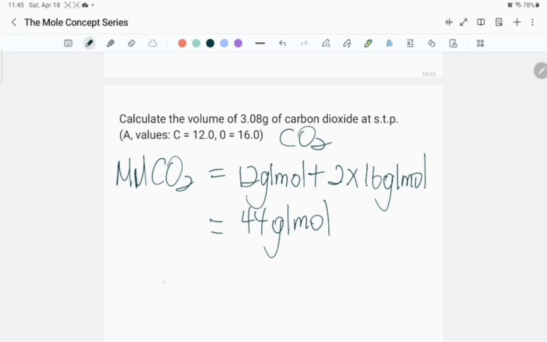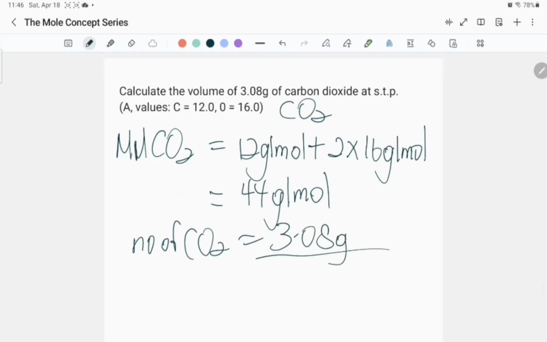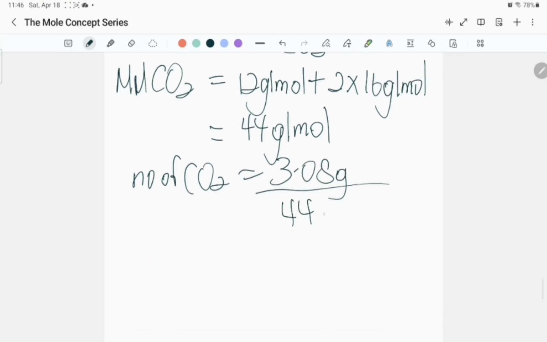So now that we have found the molar mass of carbon dioxide, we can find the number of moles by dividing the mass by the molar mass. The number of moles of CO2 will equal 3.08 grams divided by 44 grams per mole, and your answer should be 0.070 moles.